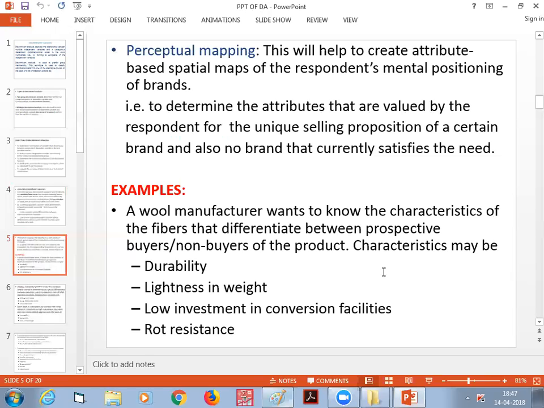Suppose if 20 customers are there, and 18 customers are correctly classified and only 2 people are wrongly classified as non-buyer, and similarly the other way also, then the model is very good. You can't expect 100% perfection in classification. A high degree of accuracy is also enough. So that is what the discriminant model is.